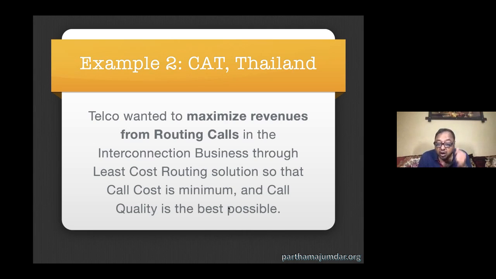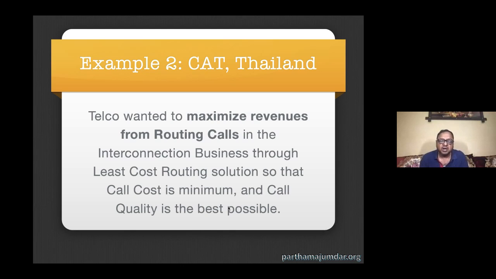When he makes the call to his cousin or friend in New York, Airtel will be able to take the call only as far as New Delhi, because beyond that, Airtel may not be able to carry the call. So Airtel will hand over the call to most probably BSNL.